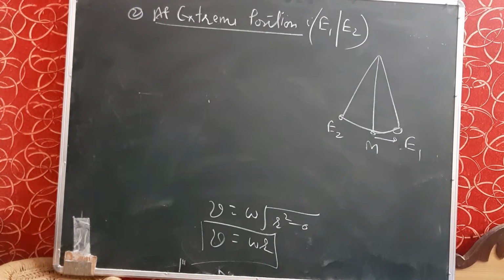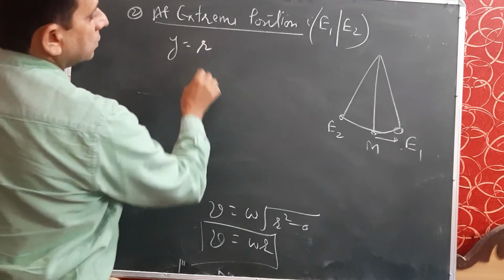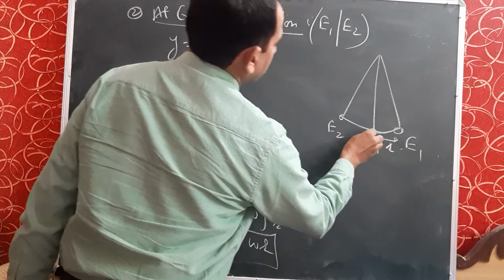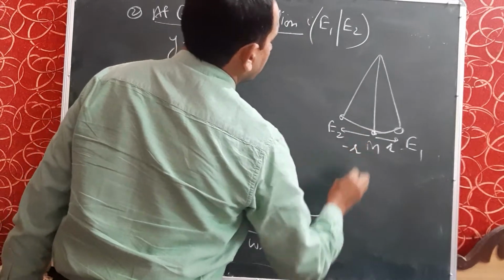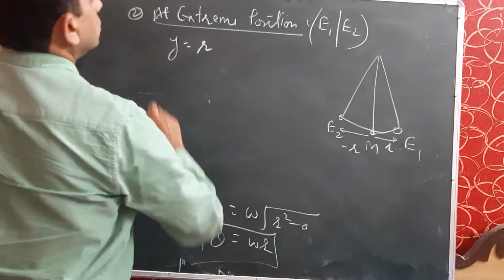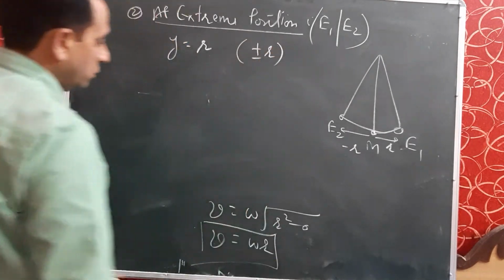So, what is the value of y at this position? So, y is r. If we go from this side to the right side, it will be plus r, and if we move in the other side, it will be minus r. So we can take its magnitude, y is equal to r or plus minus r, both values.